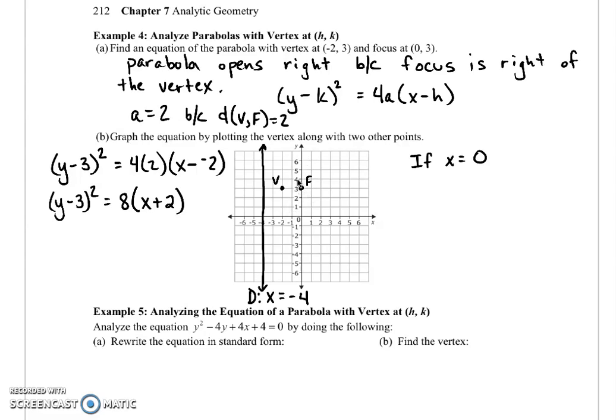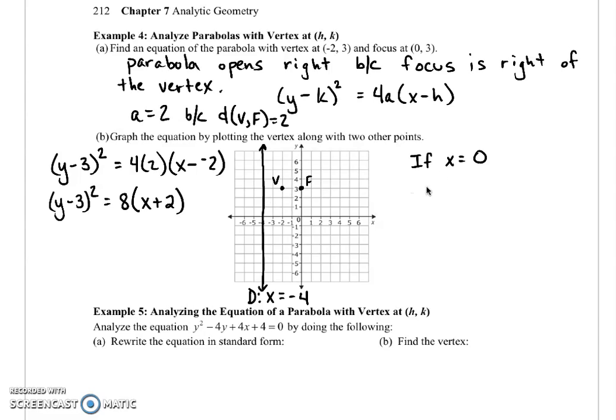Picking one of the coordinates of the focus to plug in for one of your points is always good. It usually gives you nice perfect square numbers. So if x is on the right-hand side, pick the x-coordinate of the focus. If y is on the right-hand side, pick the y-coordinate of the focus.